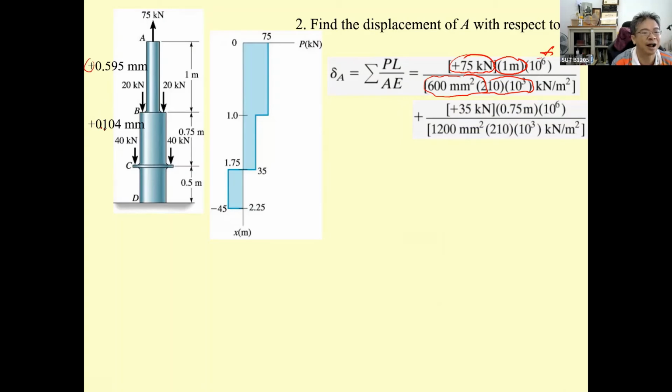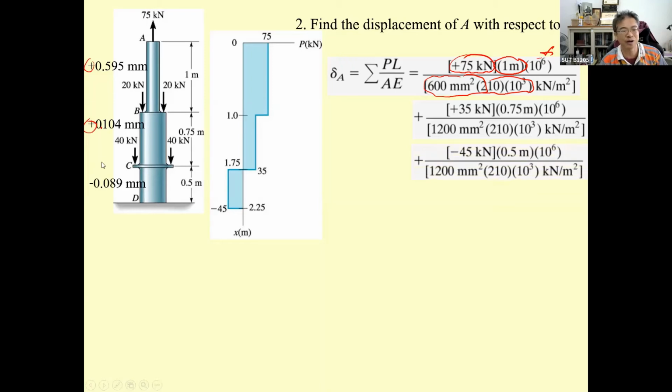This is 0.104 in tension, and the last one is in compression, minus 0.089. So the total is going to be an elongation of 0.71 millimeter.